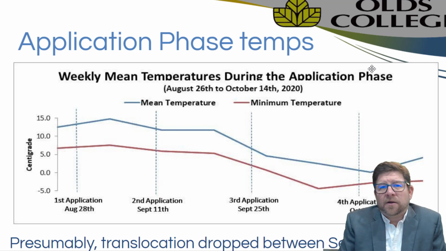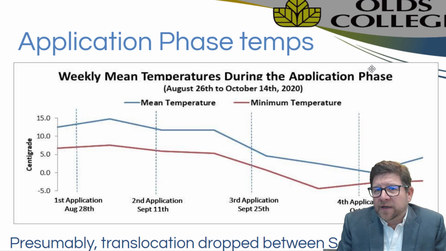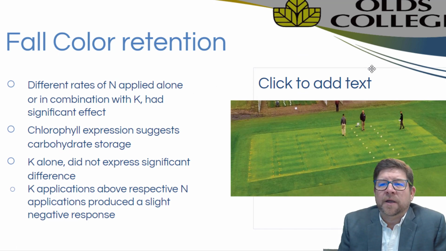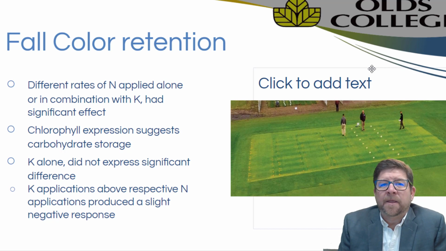In terms of considerations, what may have skewed the data or had an effect on it, this is something to communicate, not anything we can control, but interesting nonetheless. So, fall color retention. This is an image of the plots in the fall. We did see some significant difference here. Obviously, you can see from the picture, different rates of N applied alone or in combination with K had a significant effect.